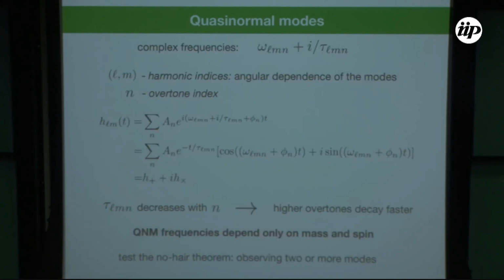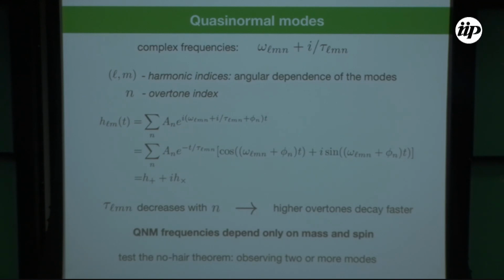When we have a complex frequency, we can write it as an oscillation frequency omega and a linear damping time tau. These frequencies depend on three numbers, which are L, M, and N.